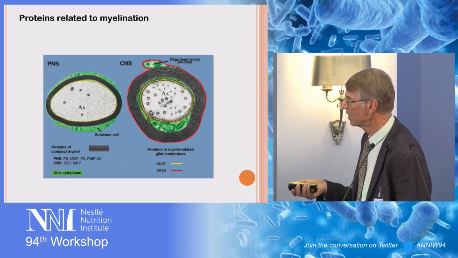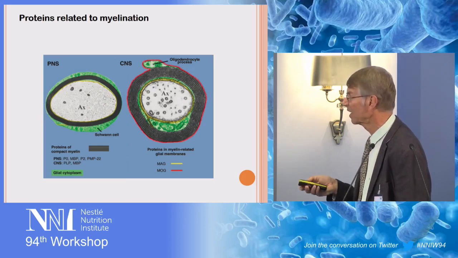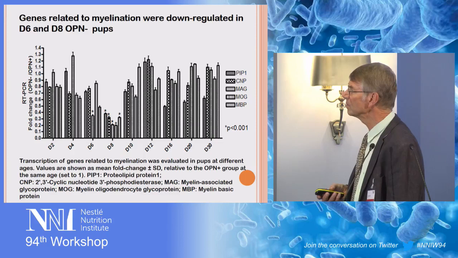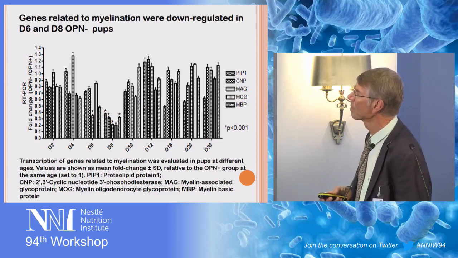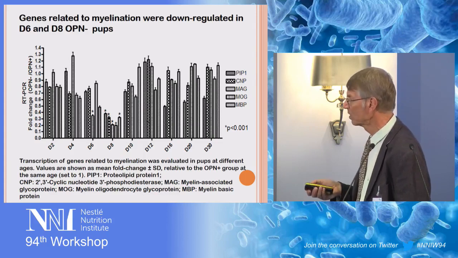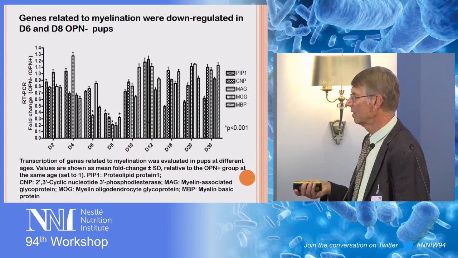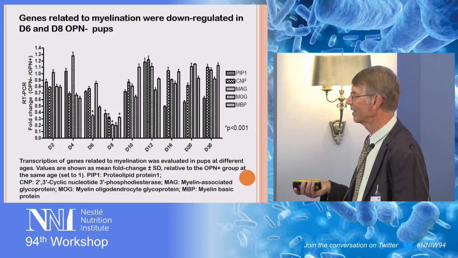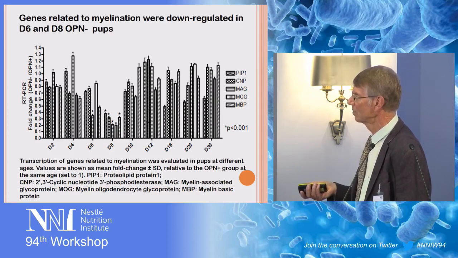And you will see they are abbreviated here, but you have spelled it out in the next slide with the gene expression studies in the brain. And here you can see that several of the proteins that are involved here, cyclic nucleotide 3-phosphodiesterase, myelin-associated glycoprotein, myelin oligodendrocyte glycoprotein, and in particular what many use to check this, myelin basic protein.